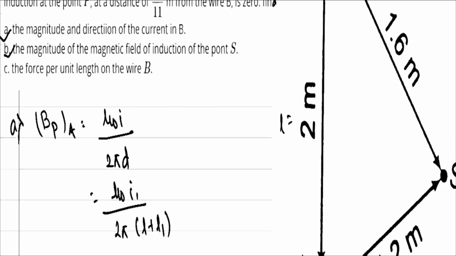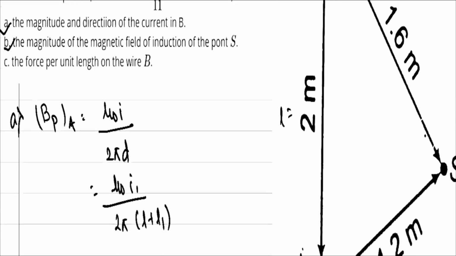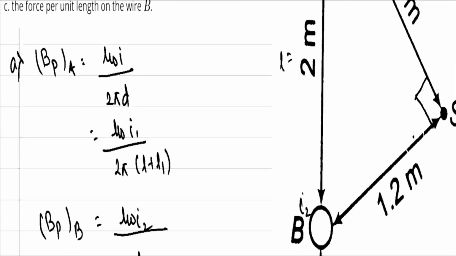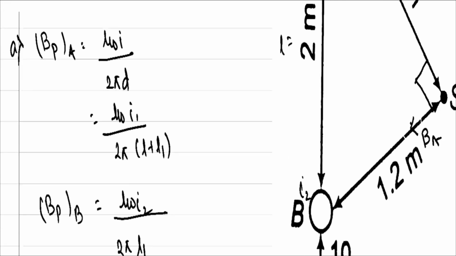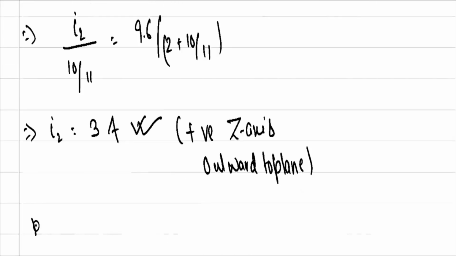So class, first of all, see these distances: 2, 1.6 and 1.2. So this is a right angle triangle. Due to wire A, the magnetic field at S is in this direction, and due to wire B, the magnetic field is in this direction. We all know the distances, so it is not a big problem to solve.